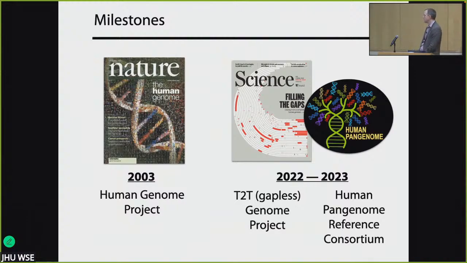The second set of milestones I have there are much more recent. So one of them was just a few years ago, the T2T. T2T basically means end-to-end, complete, gapless human genome assembly. This one fixed most of the flaws with the draft human genome assembly from the Human Genome Project. And then the second is the Human Pangenome Reference Consortium. So this is a group of people whose mission is to assemble as many high-quality human genomes as possible.